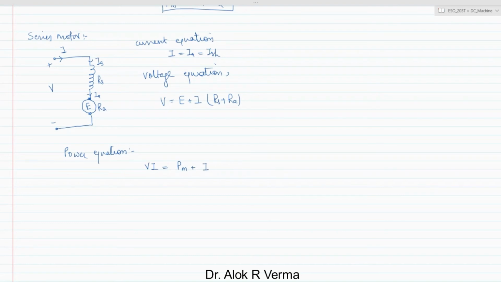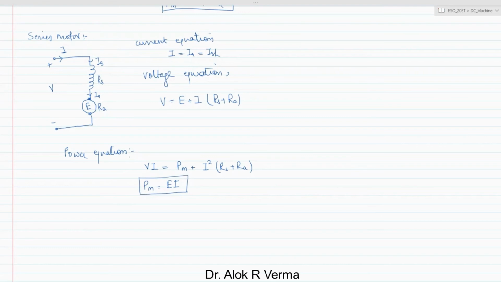Since the series current is the same, it is I square RS plus RA. Okay, and similarly PM, the mechanical power developed, is nothing but E into I, because I and IA are the same. So this is the mechanical power.